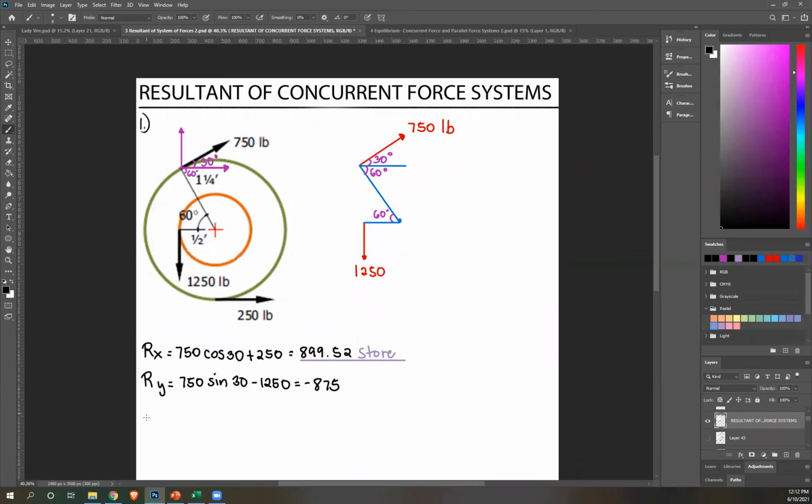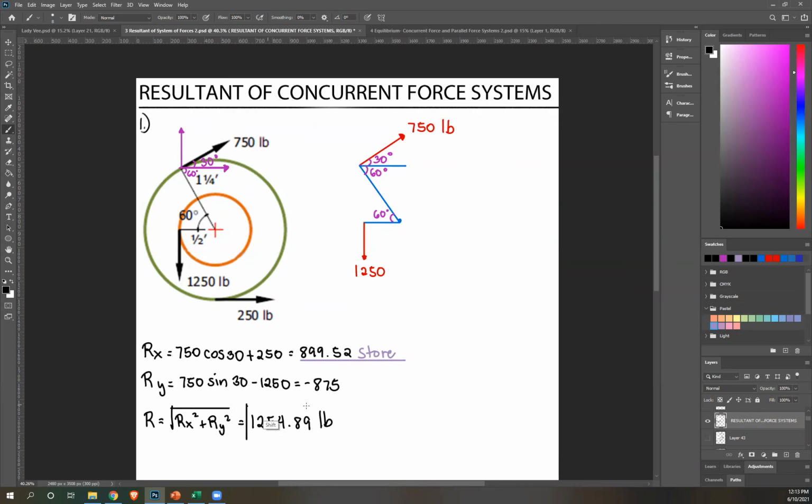And so finally, our first answer R is just square root of Rx squared plus Ry squared. Plugging in what we solved for, we'll get 1254.89. And then unit counts.